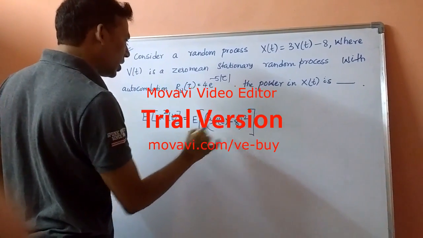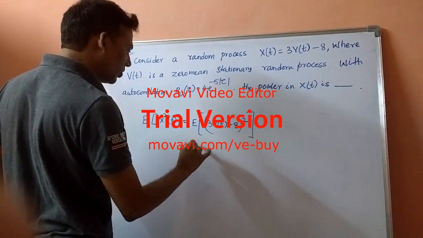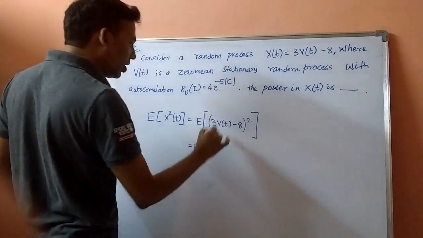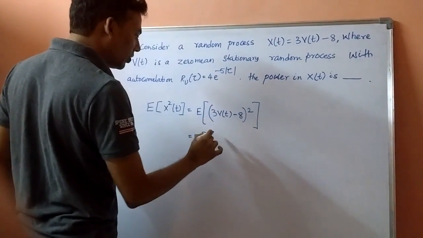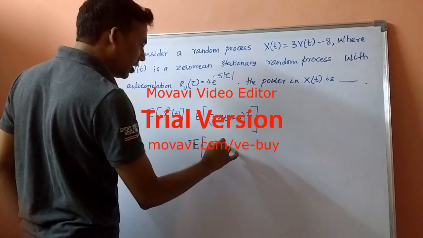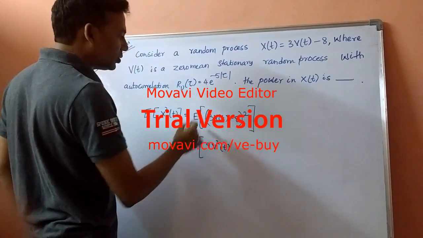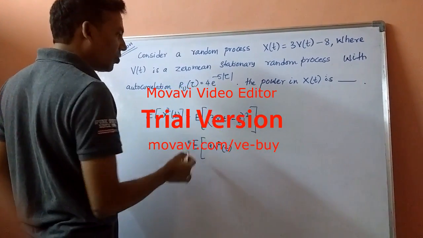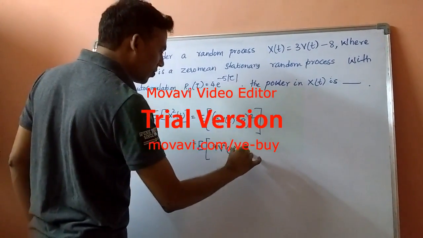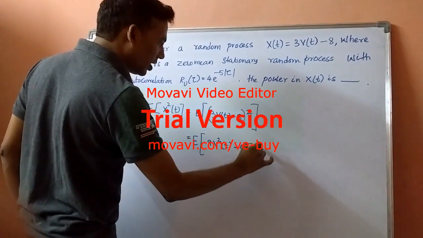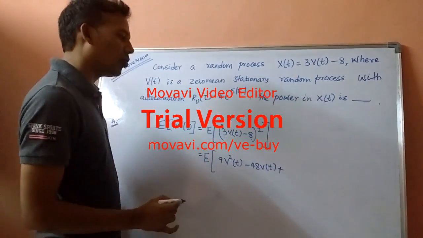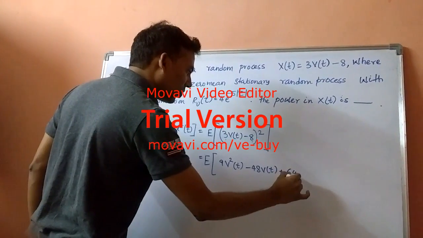Then by using the (a minus b) whole square formula, you will get the expectation of 9 into v square of t minus 2ab, that is 8 times 3 is 24, 24 into 2 is 48 into v of t, plus 8 whole square, which is 64.